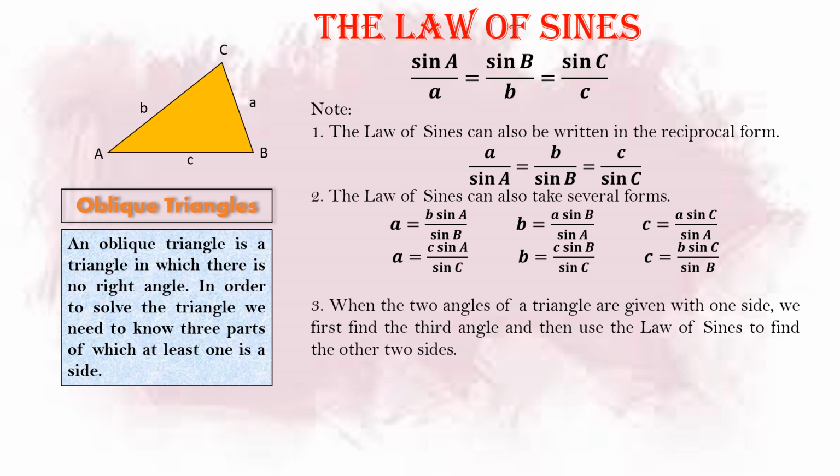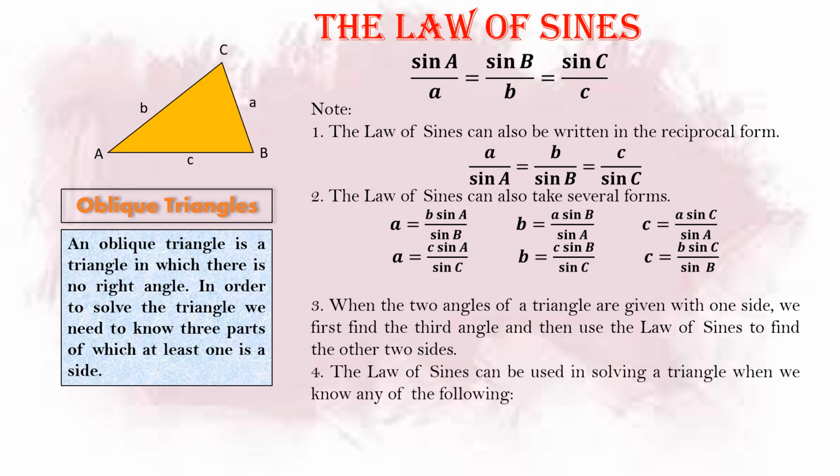Okay? Next is, the law of sines can be used in solving a triangle when we know any of the following. So, ang law of sines nagagamit din siya in solving the triangle kapag alam natin itong dalawa.